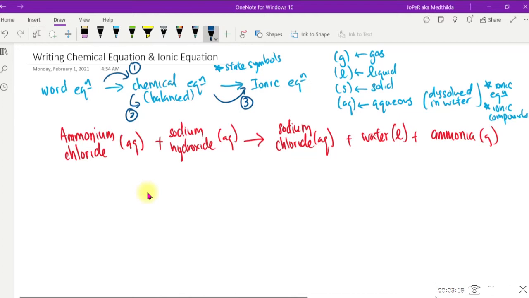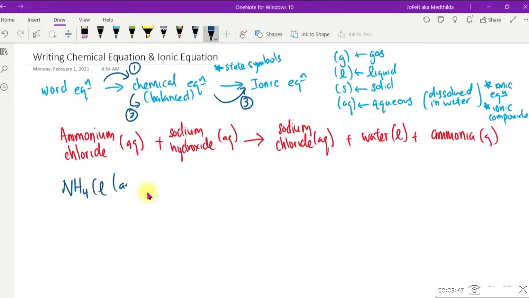Okay, so let's go on to the first one first. Let's form the chemical equation. So how do I go about doing this? This is where your chemical formulas have to be very strong. You have to be able to decipher what is the chemical formula for each of these substances. If you're unsure, you can refer to the YouTube playlist that I have on chemical formulas. So go back and revise on those. So first part, ammonium chloride is actually NH4Cl.